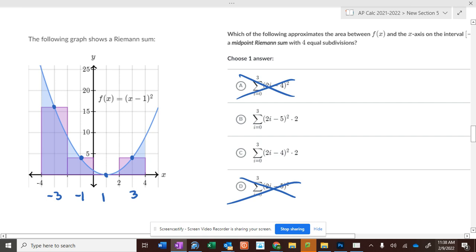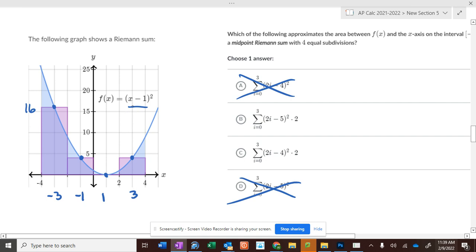Why can I eliminate those two? This is 3 on the top. No, you have to times it by 2. You have to take the height times the width. So at -3, if we put -3 into this function, what's the height of the first one? 16.